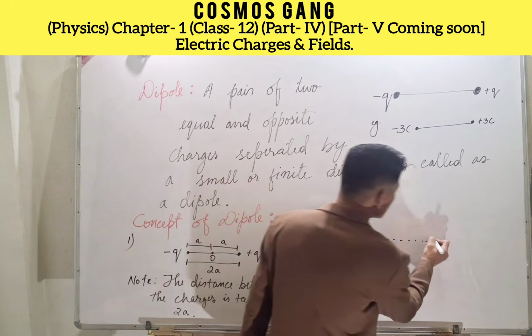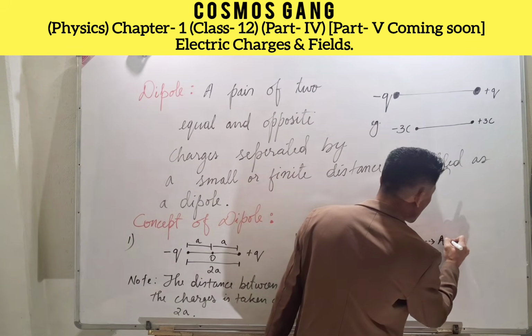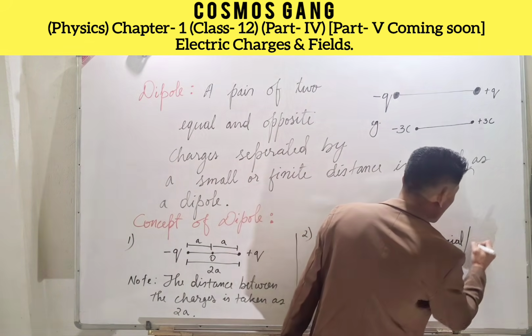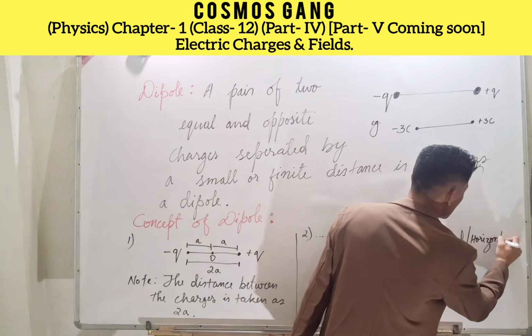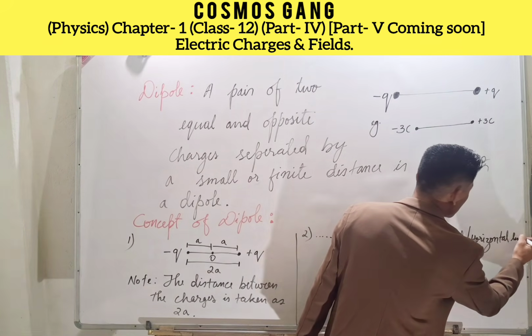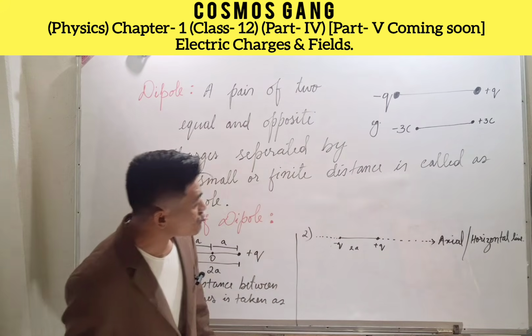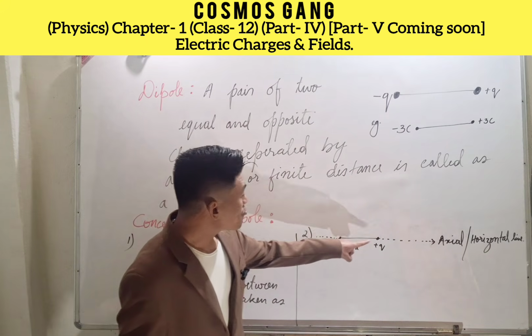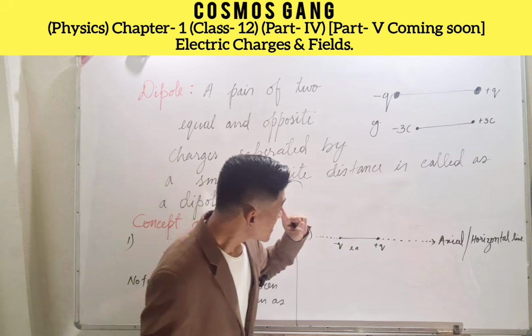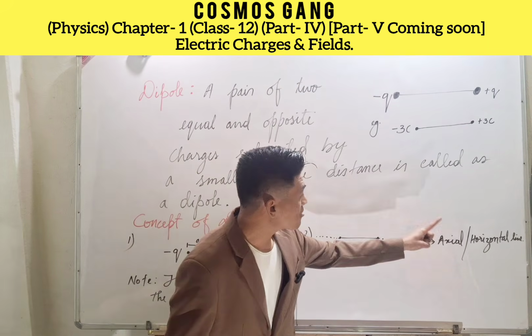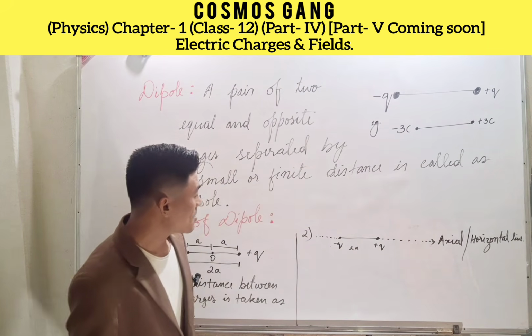Then this line is called our axial line or horizontal line. When I draw a straight line passing through both the charges horizontally, this line is called the axial or horizontal line.